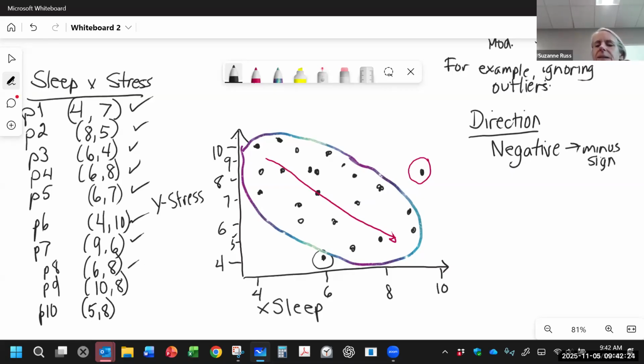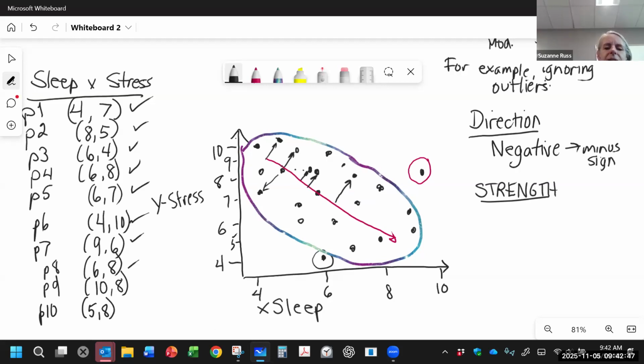The next thing we assess is the strength. And the strength of the relationship, once again, is conceptually the distance of all these points from the line of best fit.